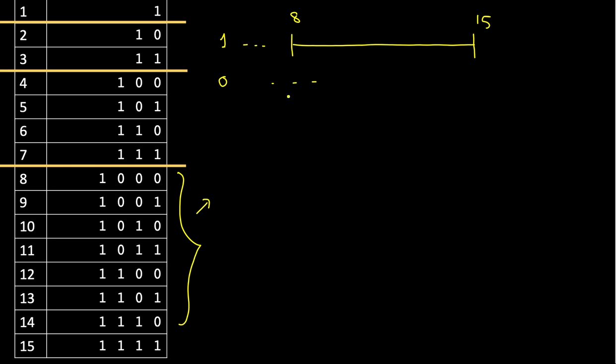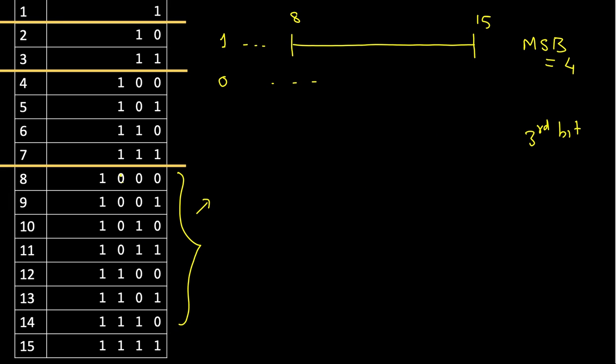This is the most significant bit, that is the leftmost bit. For 8 to 15, it's all 1. Now let's see the second most significant bit. We had seen the leftmost bit. Now I am looking at, let's call it the 4th bit. Now we will look at the 3rd bit.